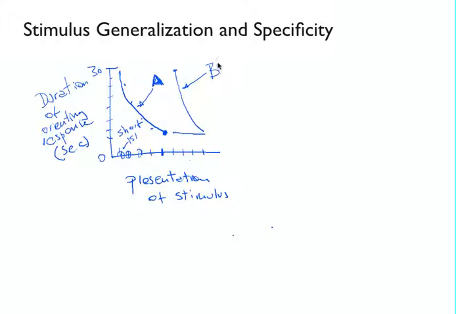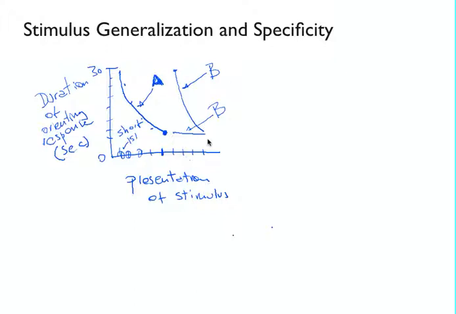So either one of these two could be stimulus B. In what situation do we see one pattern, and in what situation do we see the other pattern?